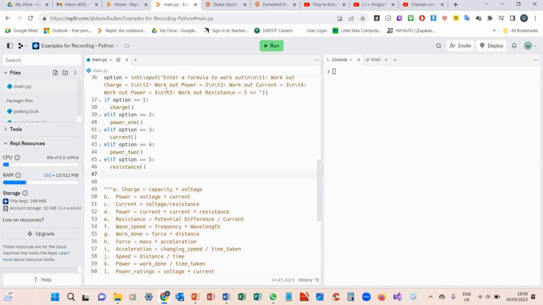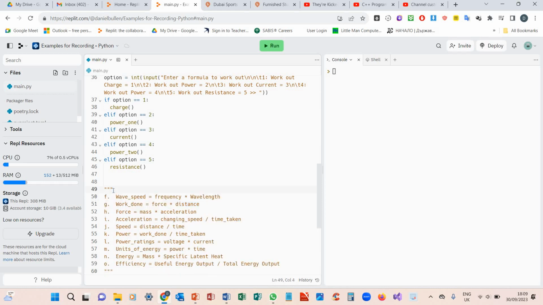So we've got the charge, we've got power, so we've got charge and we've got power, and we've got current, and we've got resistance. All of those we've got. So we don't really need to worry about any of those.